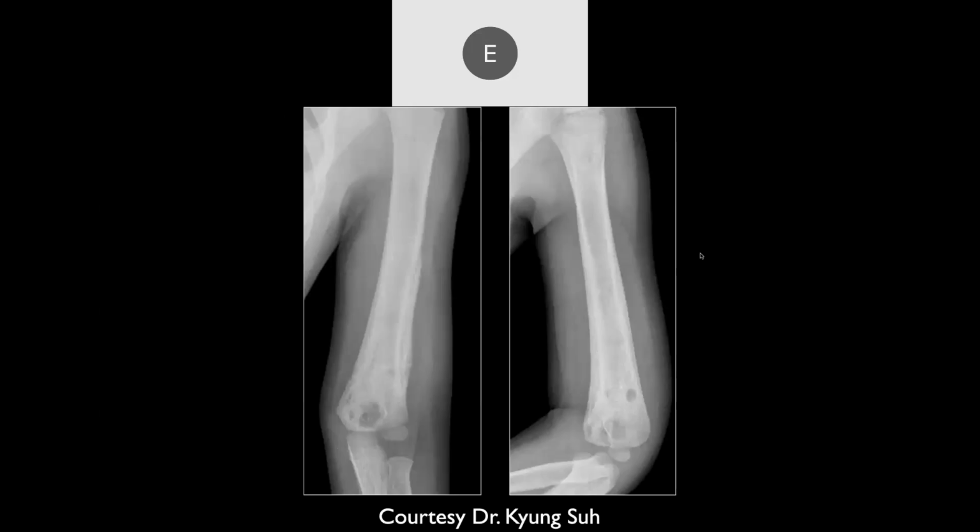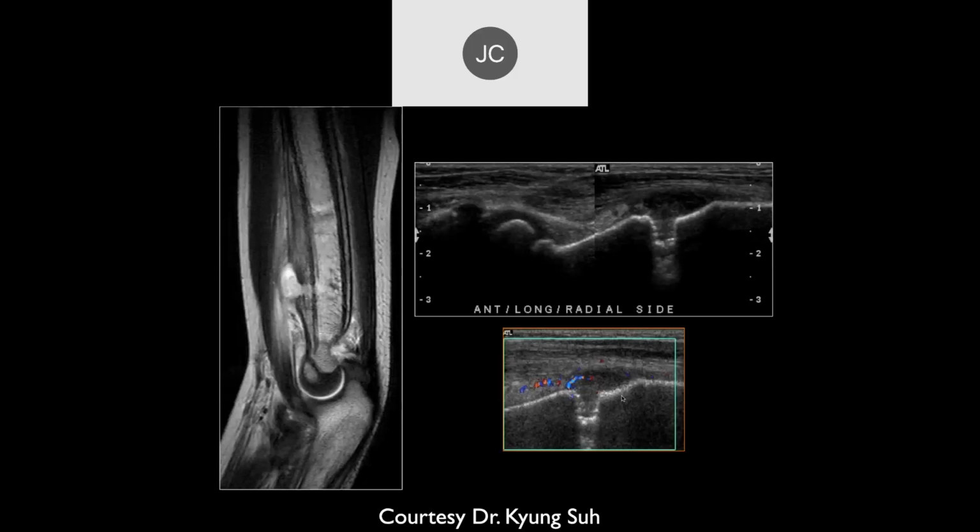What's the first thing you think of? I suppose infection. Could be like a Brodie's abscess in the metaphysis. Looks like there are multiple different areas of lucency, and you've got all this thick periosteal reaction in the humerus.